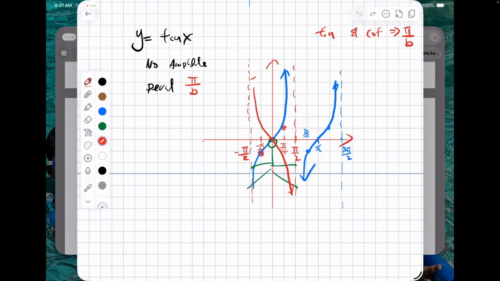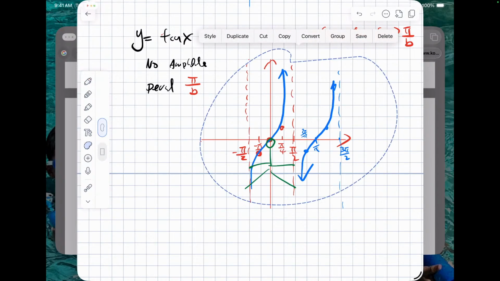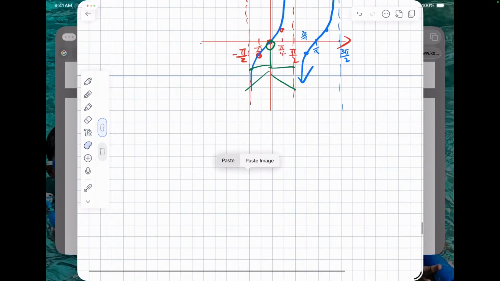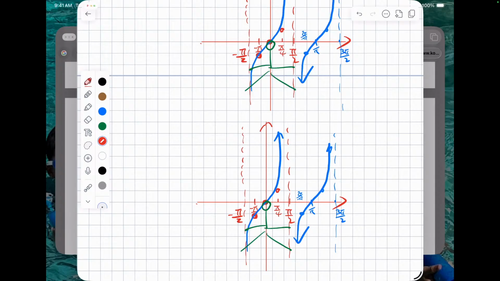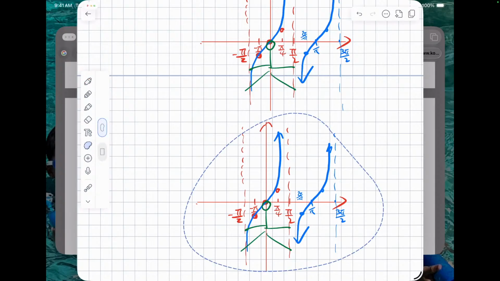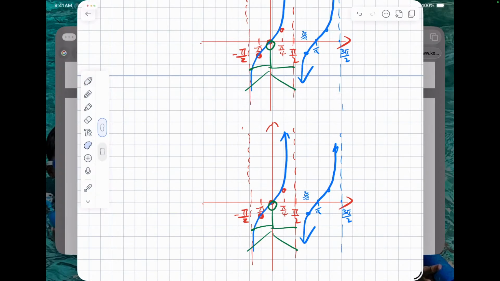So I'm going to copy this, and paste. For tangent graphs, it's basically the same thing, but it's going to be this negative tangent. You ask, cotangent?